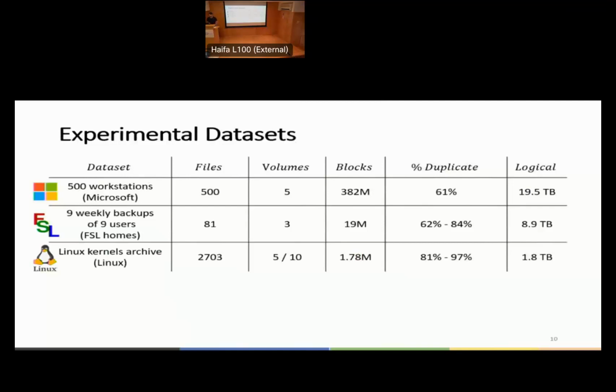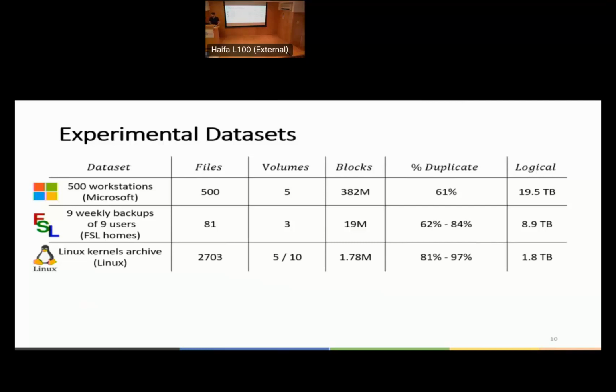Every single one of those data sets has a different number of files, and when we say file, we mean an actual file system. This is the granularity at which we migrate the files in our project.